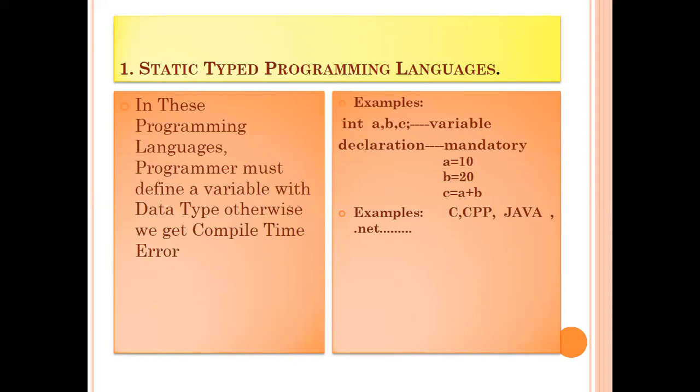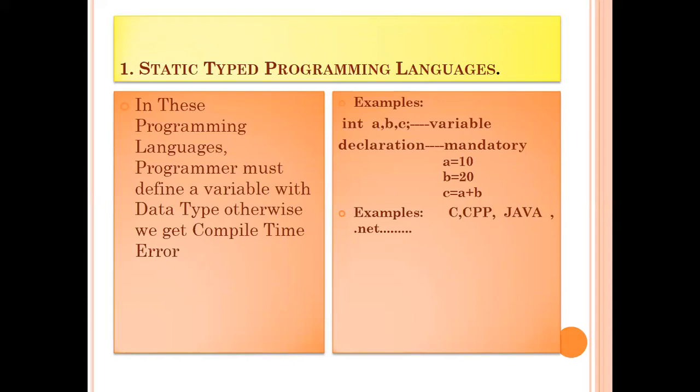Students, static typed programming language means a programmer must define a variable with a data type, otherwise we'll get a compile time error. In these languages, the programmer must define variables with data types, otherwise we'll get the error.